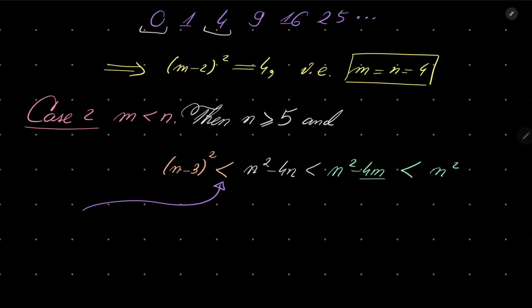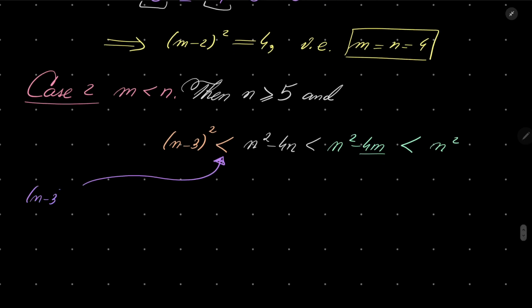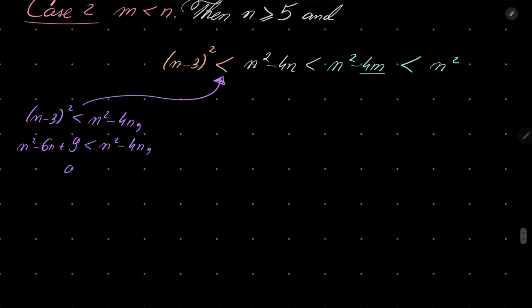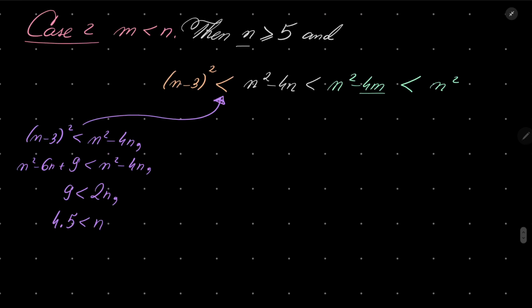Well, notice that this inequality is equivalent to saying that (n minus 3) squared is less than n squared minus 4 times n, which in turn is equivalent to saying that 9 is less than 2 times n, so 4.5 is less than n, which is true because n is greater than or equal to 5.